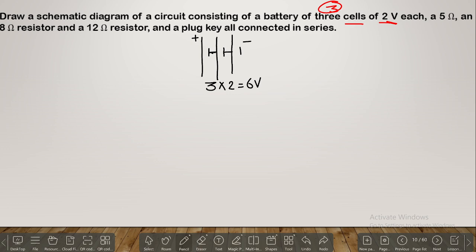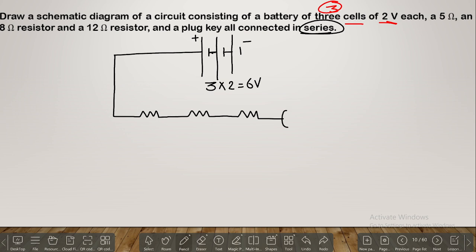Now, a 5 ohm resistor, an 8 ohm resistor and a 12 ohm resistor and a plug key are connected in series. Series means it's in the form of end to end. Totally how many resistors are there? 3 resistors are there. What are the 3 resistors? One is 5 ohm, another is 8 ohm and another is 12 ohm, which is connected along with the key. Clear?